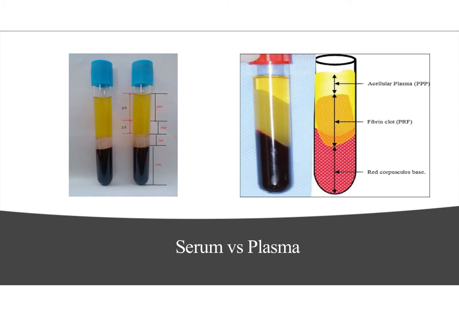Okay, an anticoagulant is a chemical added to the tube that keeps the blood from clotting. All right, and then this is the buffy coat. Now, this is not correct.